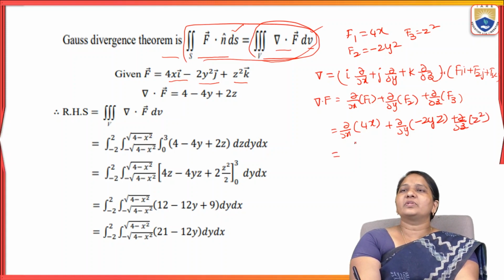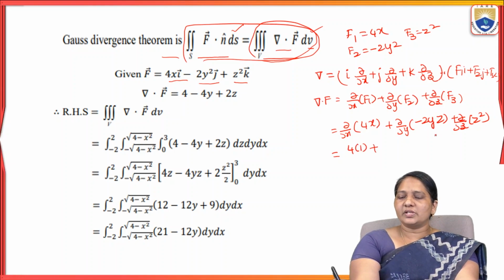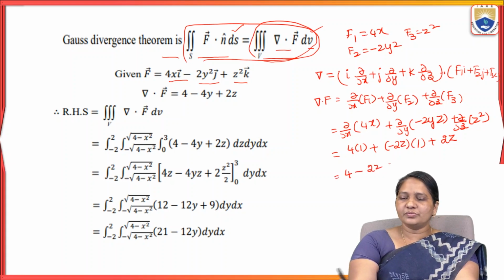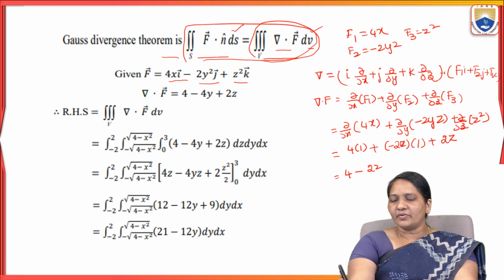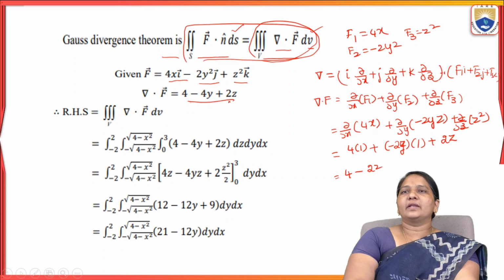With respect to x, this is 4 into 1. With respect to y, minus 2z is constant and y gives 1. With respect to z, this is 2z.